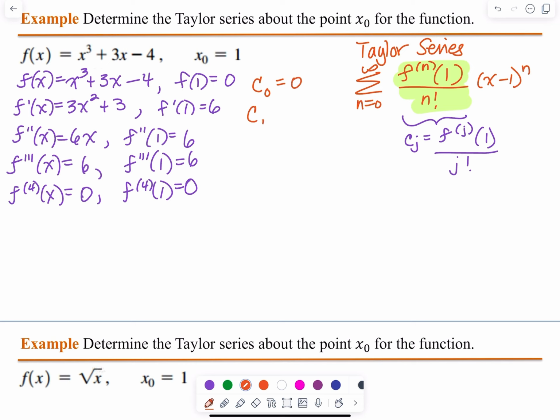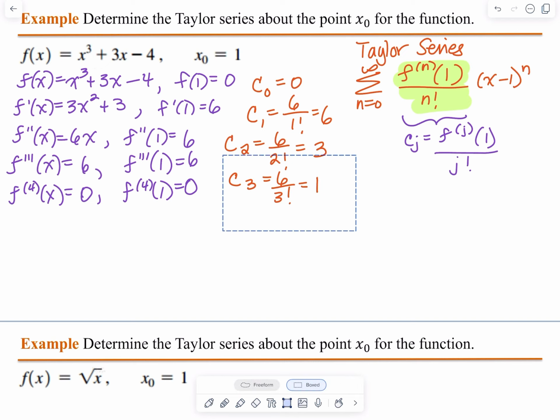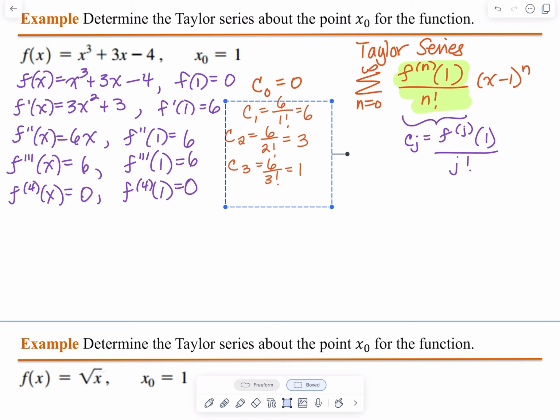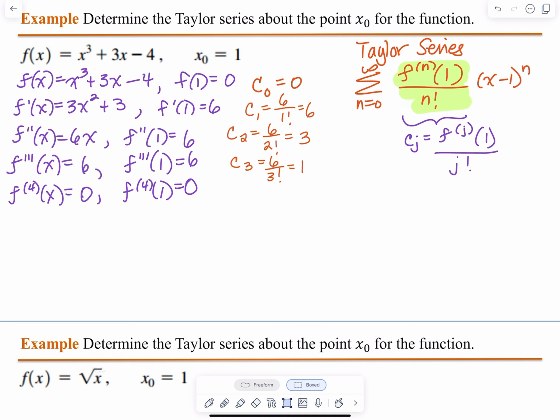C sub 1 is 6 divided by 1 factorial. C sub 2 is 6 divided by 2 factorial. C sub 3 is 6 divided by 3 factorial. And for all of our future coefficients, we have c sub j is equal to 0 for j greater than or equal to 4.